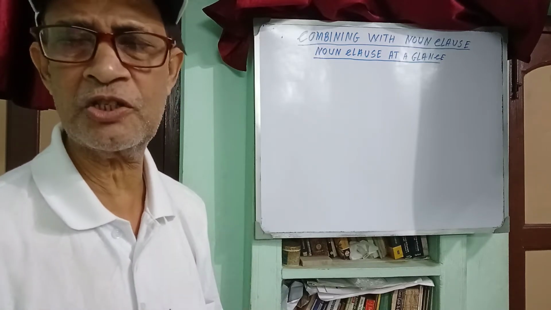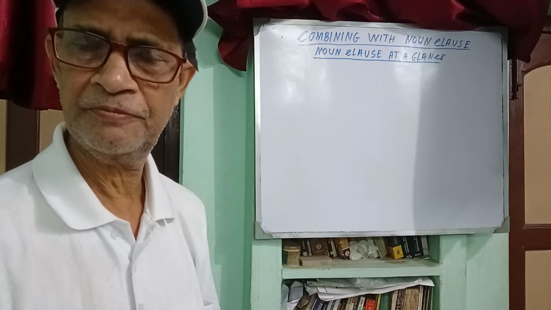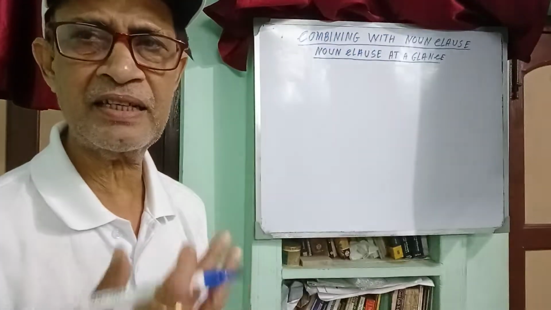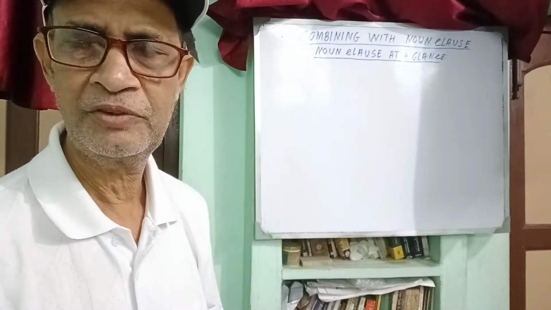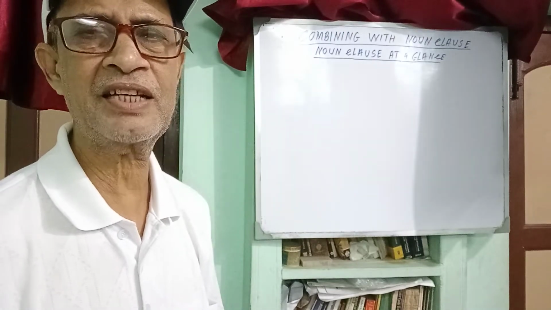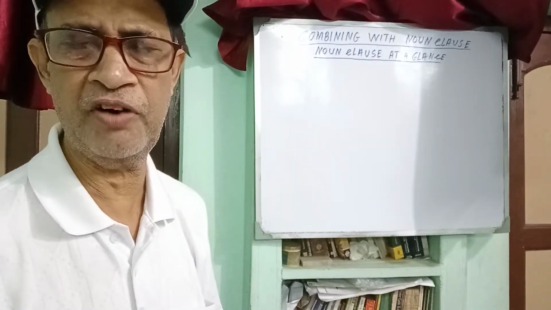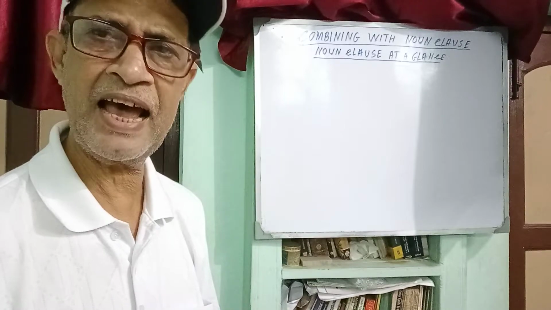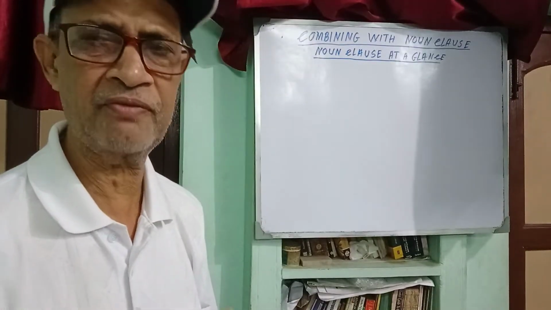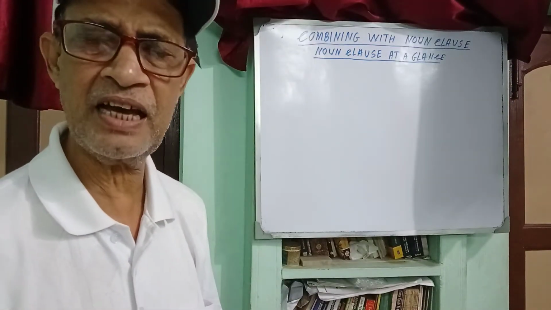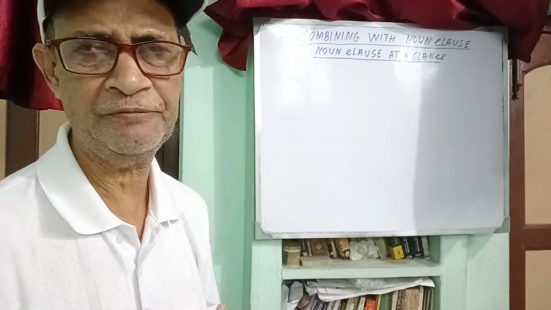Then what are the functions of a noun clause? It can act as the subject to a verb. It can act as the object to a verb. It can act as the complement to a verb. It can act as the complement to the preposition.